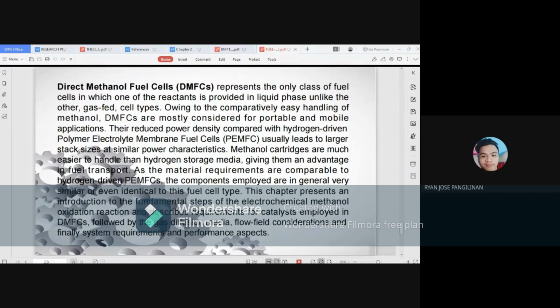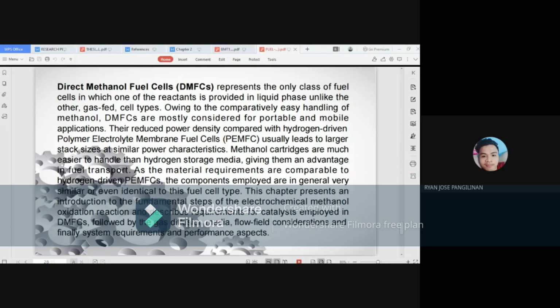So the next one is the direct methanol fuel cells, or DMFCs, which represent the only class of fuel cells in which one of the reactants is provided in liquid phase, unlike the other gas-fed cell types. Owing to the comparatively easy handling of methanol, the DMFCs are mostly considered for portable and mobile applications.